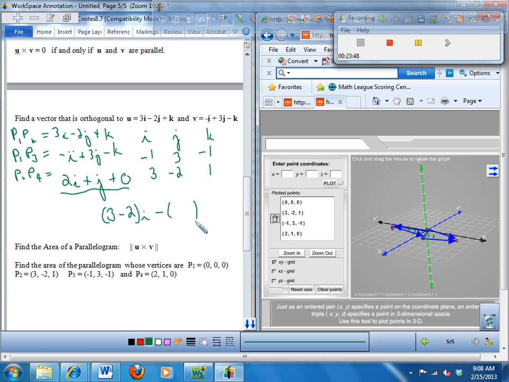Minus, -1 minus plus 3, because it's minus, right? -1 plus 3 in the j direction, plus 2 minus 3, right? 2 minus 9 in the k direction.